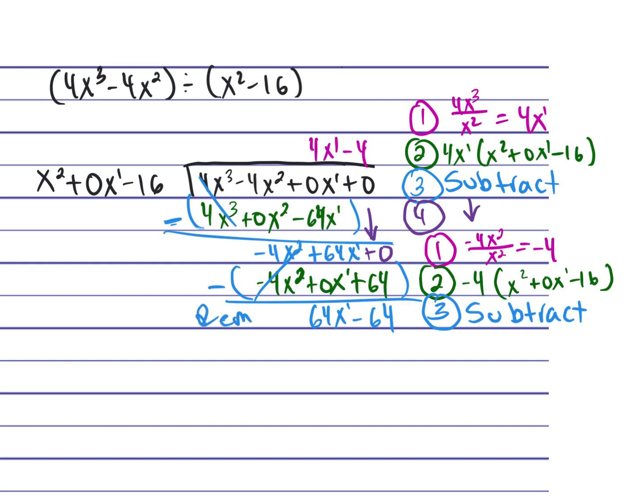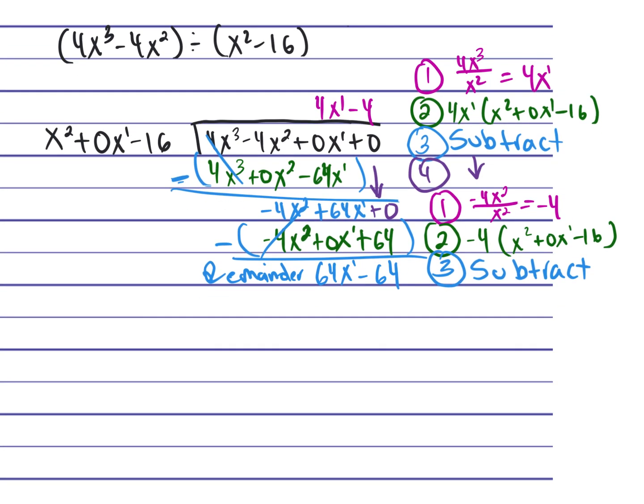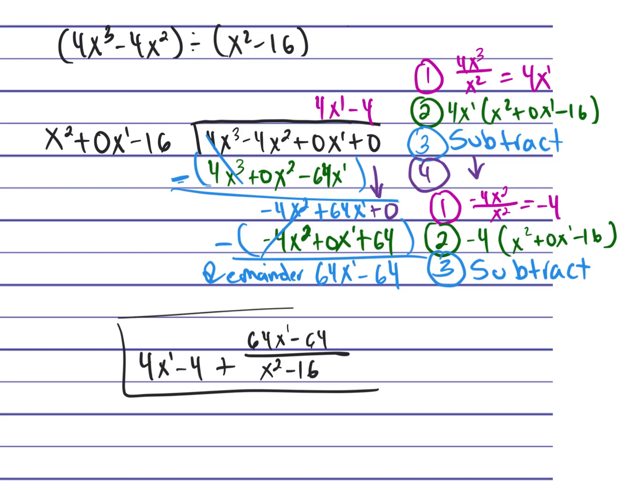This is my remainder. I'm going to write my answer as 4x minus 4 with a remainder of 64x minus 64 over what I divided by, my divisor, which is x squared minus 16. Final answer.